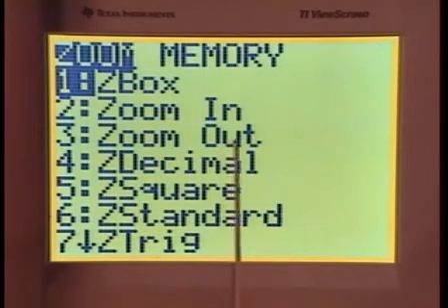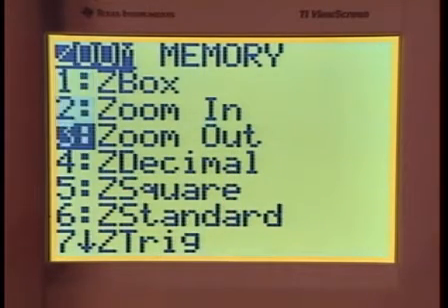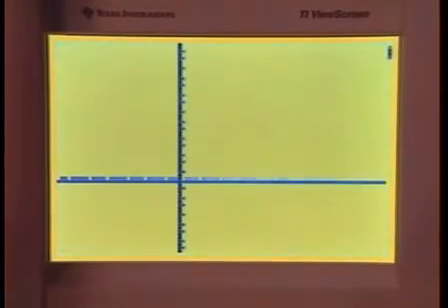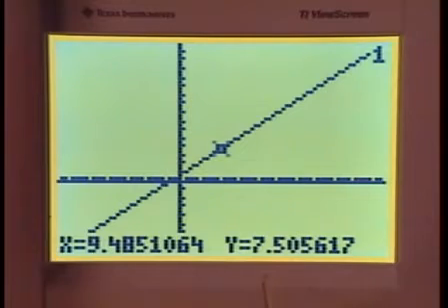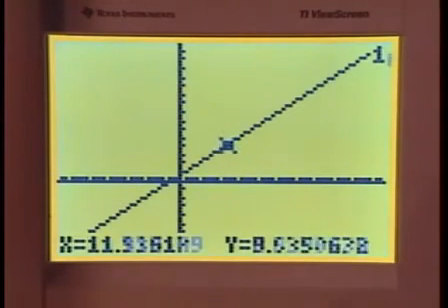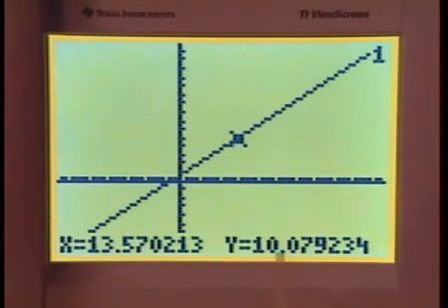Let's do zooming out. So I go down to 3. And now you're going to see more of it. If we trace, we now go to 10 centimeters. So there you are. Y equals 10 centimeters corresponds to about 13.5 drops.